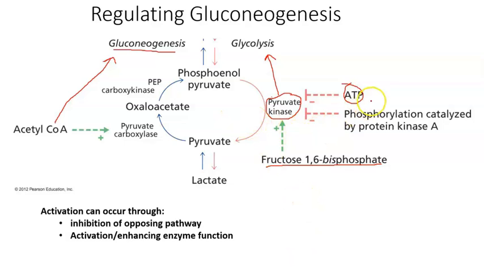And now let's look at ATP here. If we have ATP, it actually can act as an inhibitor of the pyruvate kinase. And that makes sense to some extent. The point of glycolysis is to make ATP.